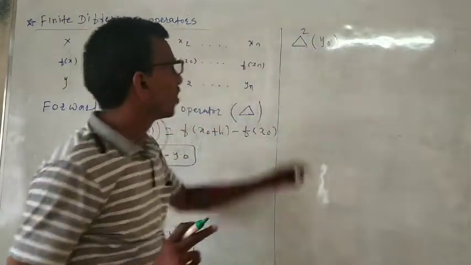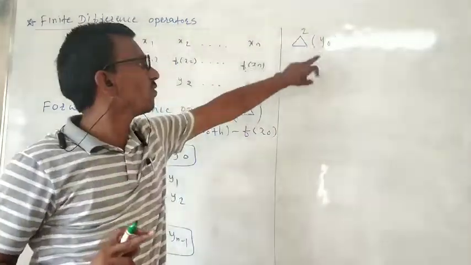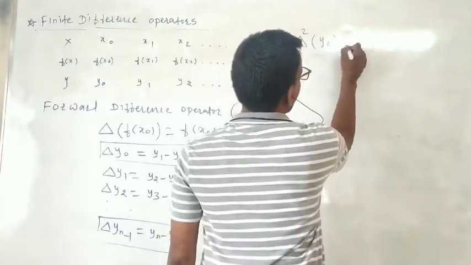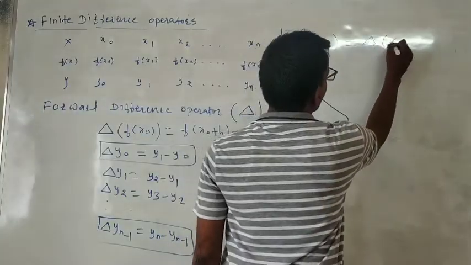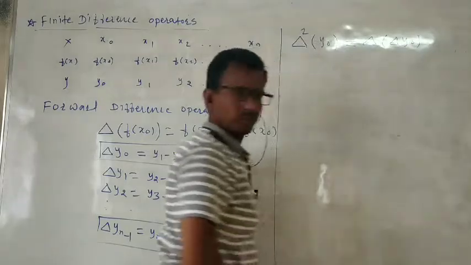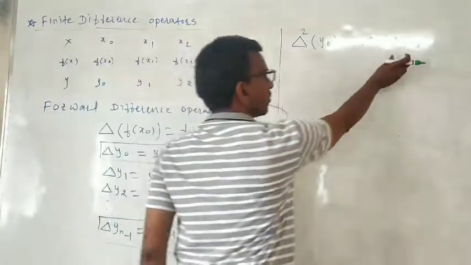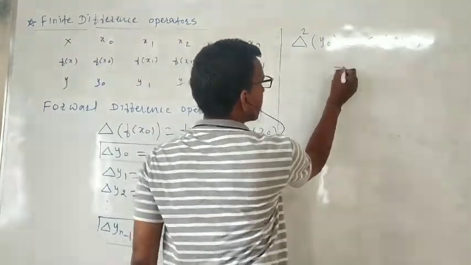Delta square, or second order forward difference operator of y0, is equal to forward difference operator of the quantity y1 minus y0. Now we know the formula for this one.